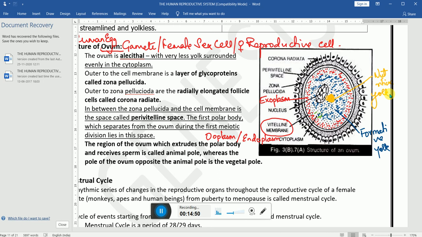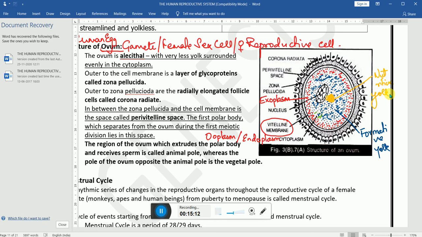Exoplasm over here I have shown you in red, and this endoplasm I have shown to you in blue. The major portion of this normal cytoplasm, which we also call formative yolk, is shown blue in color.